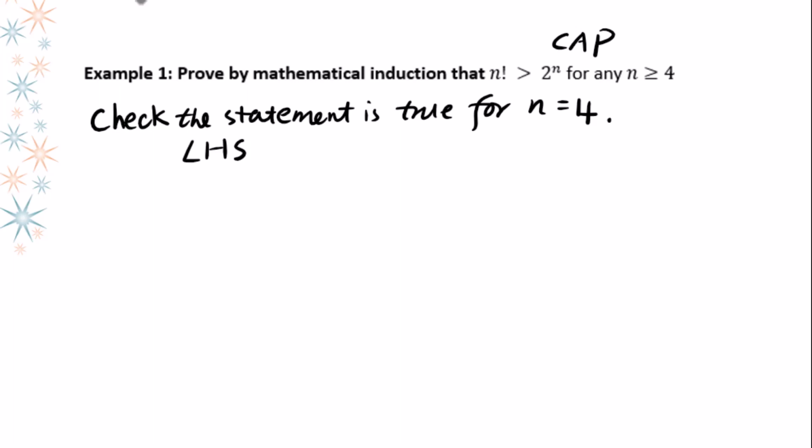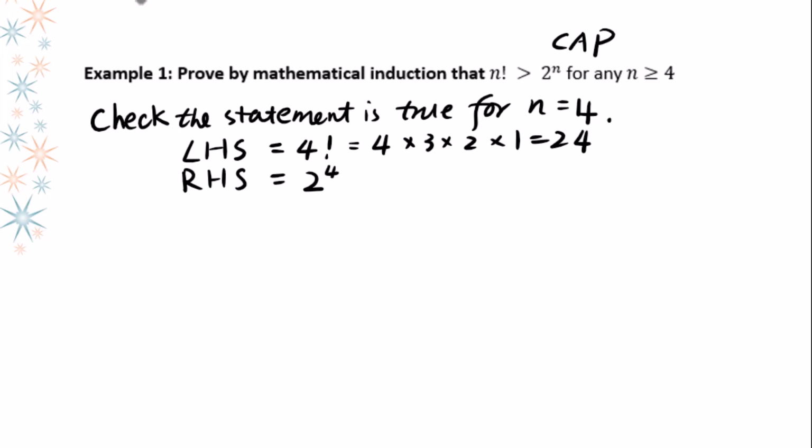The left-hand side, 4 factorial, equals 4 times 3 times 2 times 1 equals 24. The right-hand side, 2 to the 4th power, equals 16. So 4 factorial is greater than 2 to the 4th power. This is step 1.